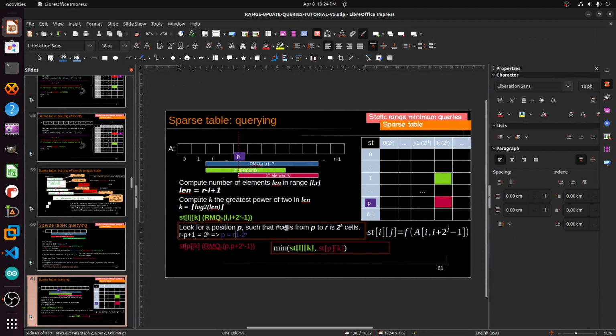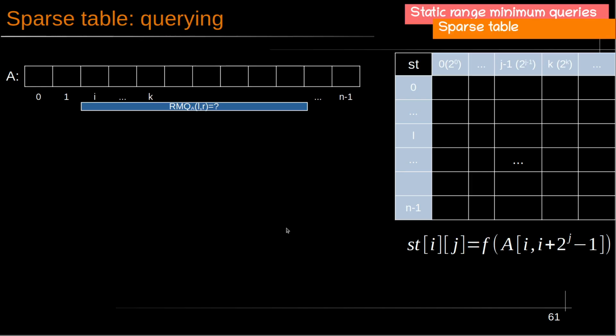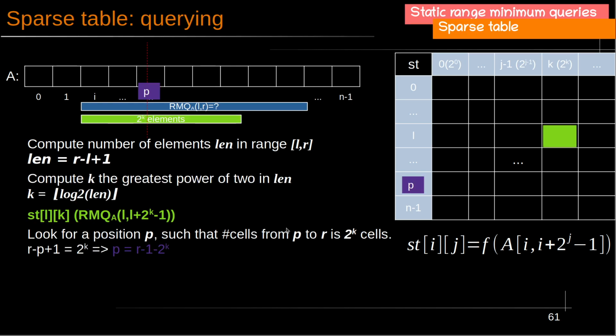So here we have minus 1. Let's repeat this. We're going to look for a position P such that the number of cells from P to R is 2 power k cells.